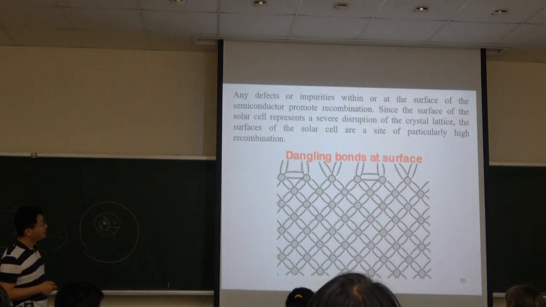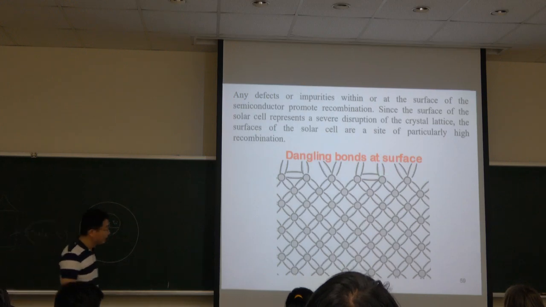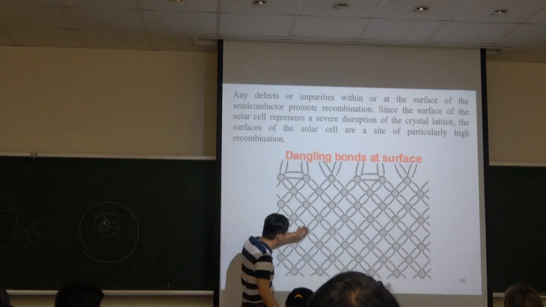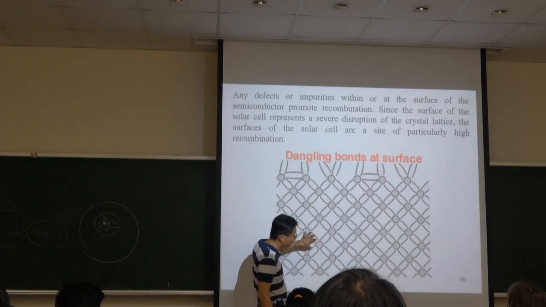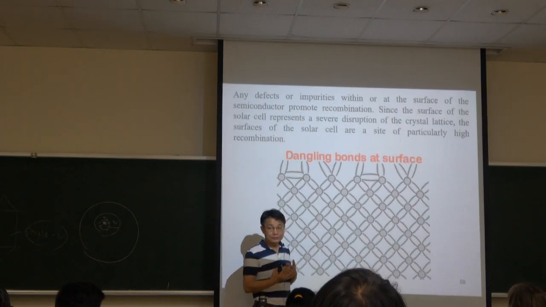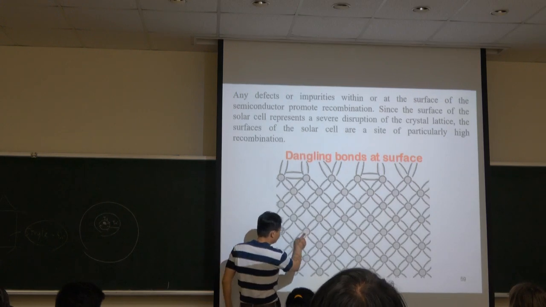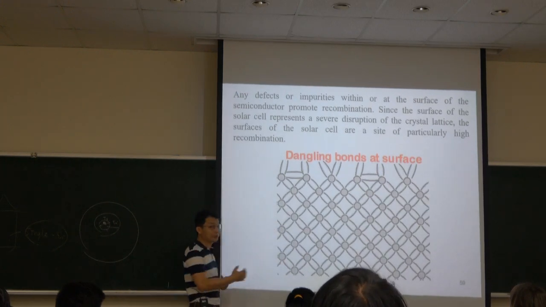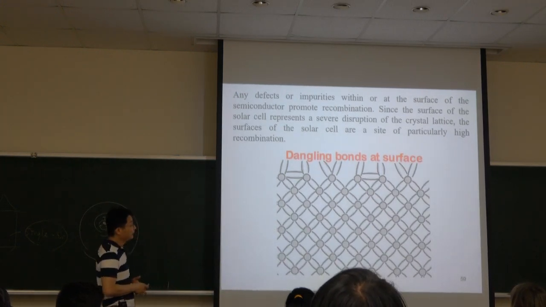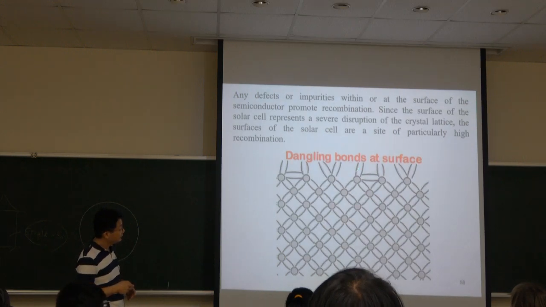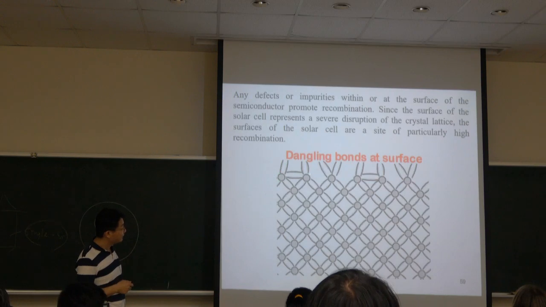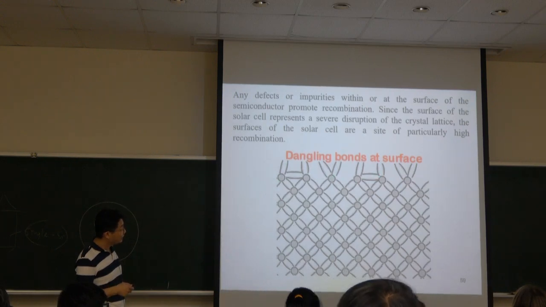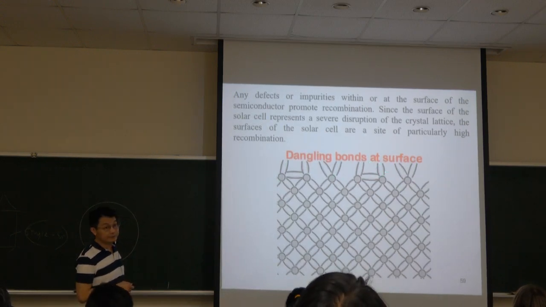And then there is a very important so-called dangling bond. Here is the silicon. So every single silicon shares 4 electrons, so there's a covalent bond, right, a tight covalent bond. But during the solidification process, they might have some of the area or the surface without silicon.